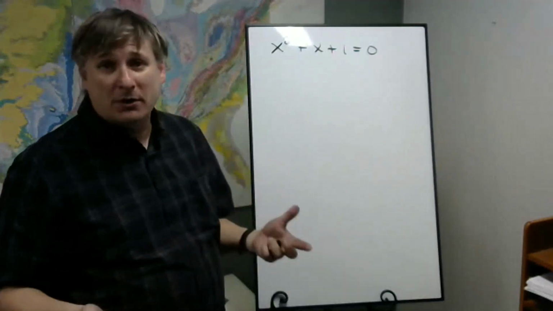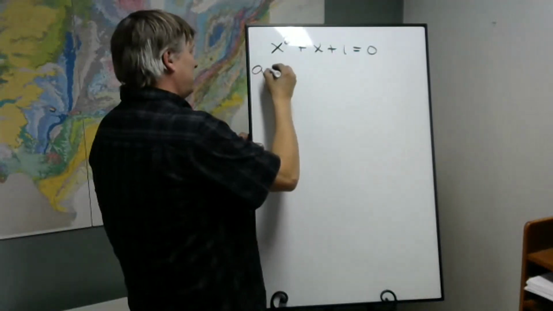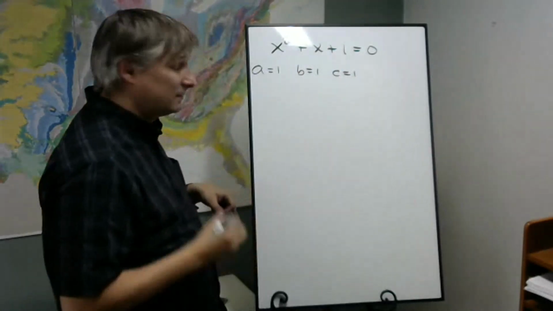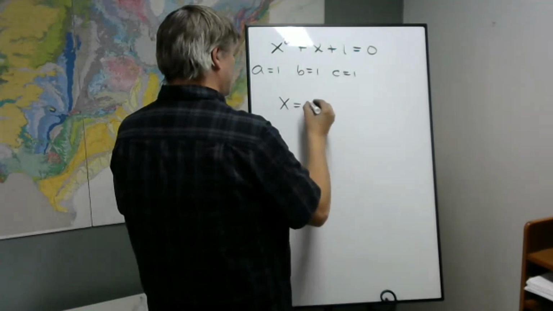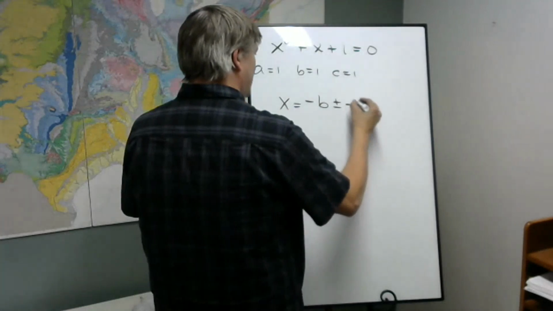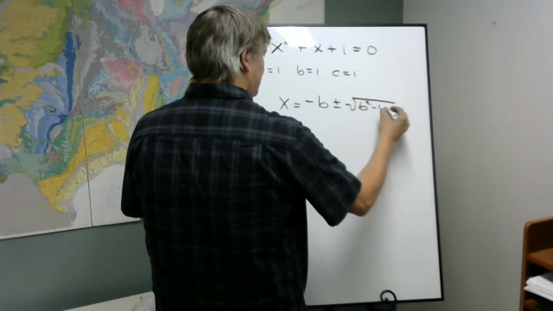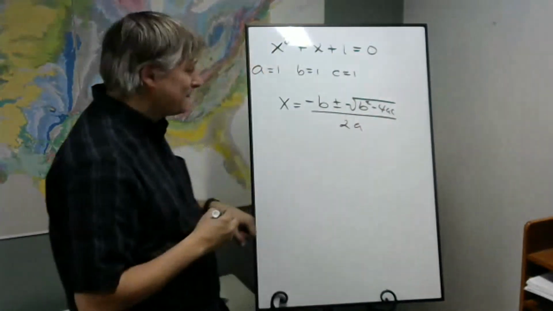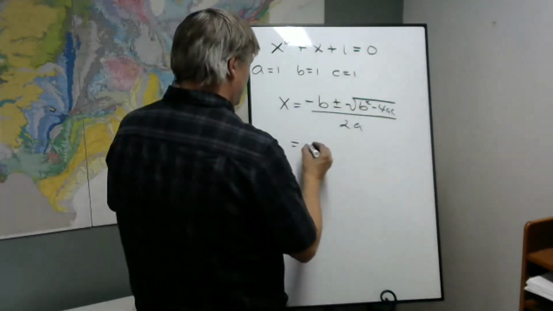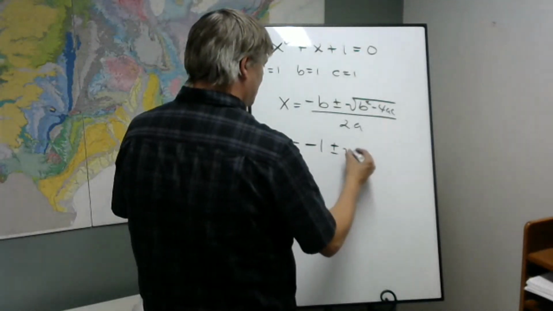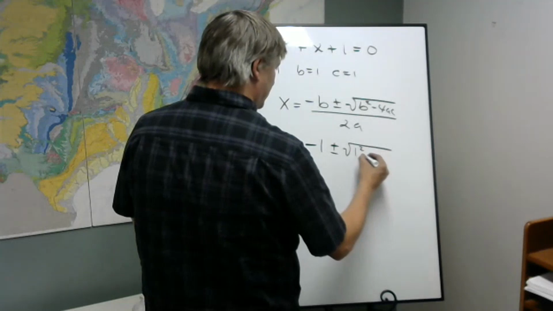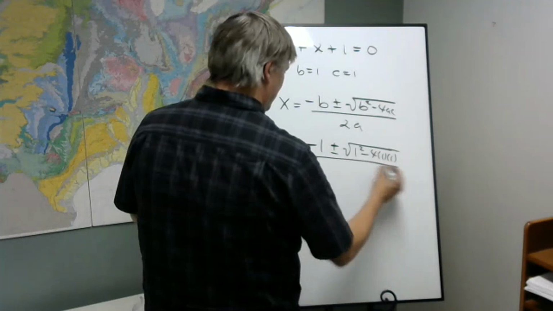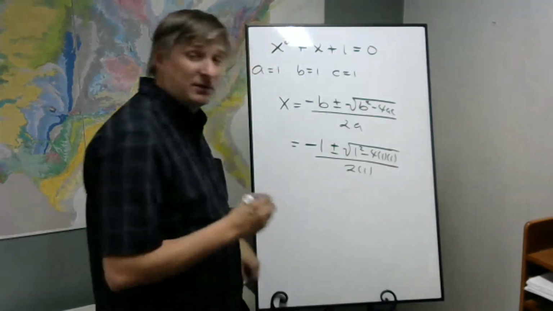this one. Now let's use the quadratic formula. A will be 1, B will be 1, C is equal to 1. So x is -b plus or minus the square root of b squared minus 4ac, divided by 2a, which is going to be -1 plus or minus the square root of 1 squared minus 4 times 1 times 1, divided by 2 times 1.